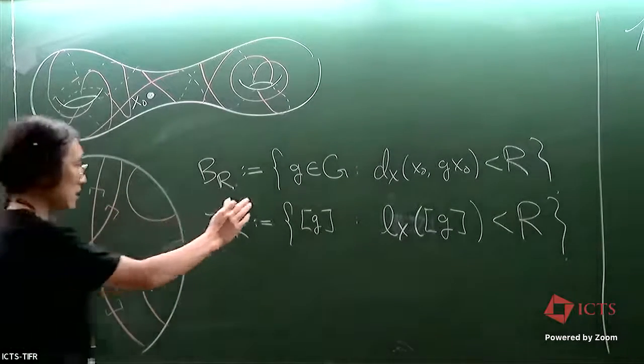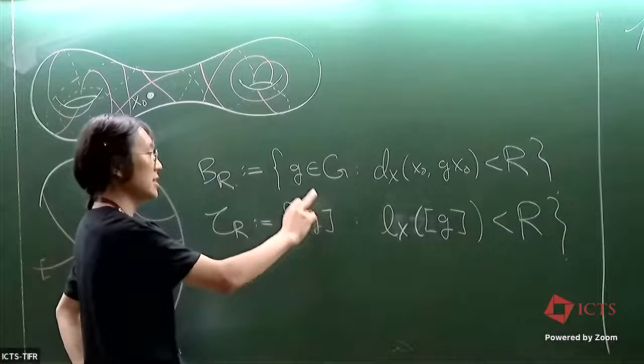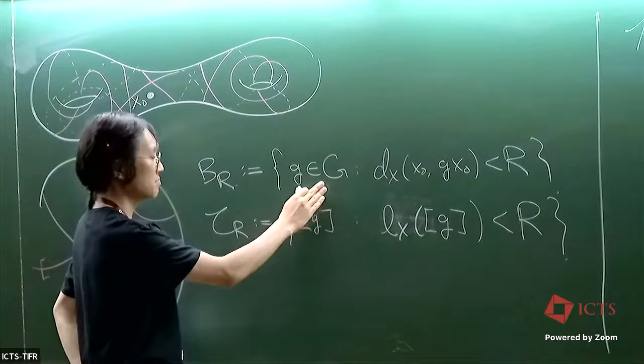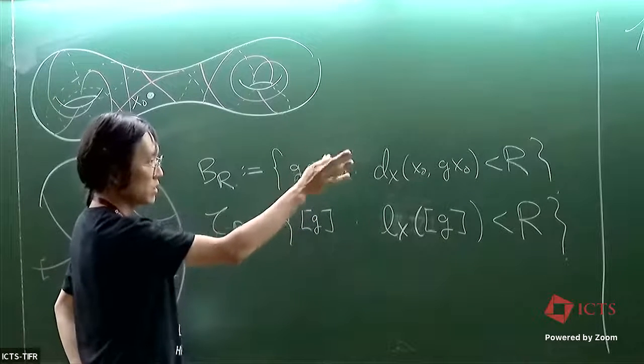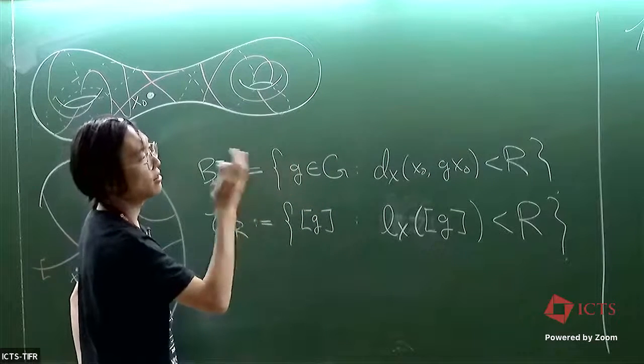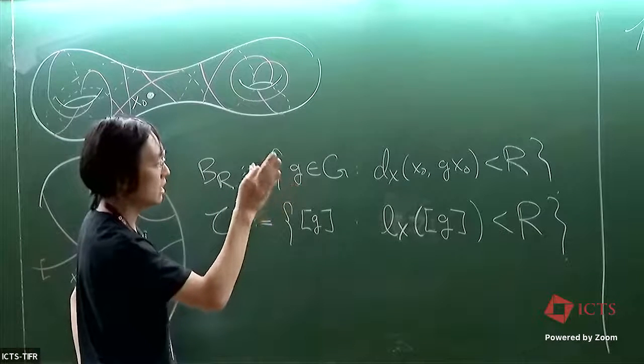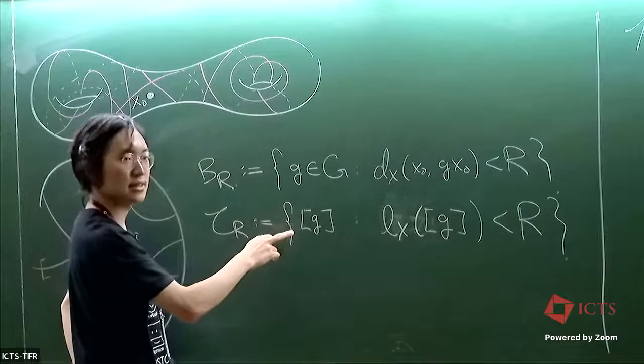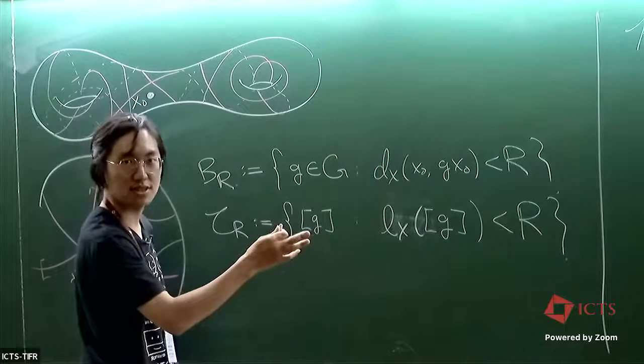There's a remark that we divided the task into three steps, but the first two steps were really not regarding the conjugacy classes or the closed geodesics that I promised.